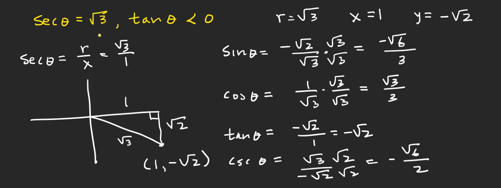And we already have secant theta. It was given, so we don't need to find that. Finally, we need to find cotangent theta. Cotangent theta is x over y, or the reciprocal of tangent theta. Multiply top and bottom by radical 2, you get negative radical 2 over 2. So we found all the 6 trig functions.